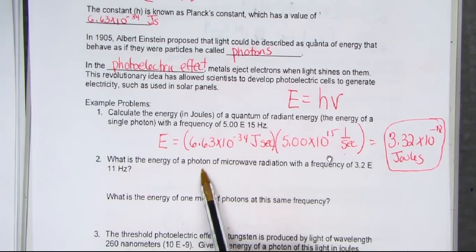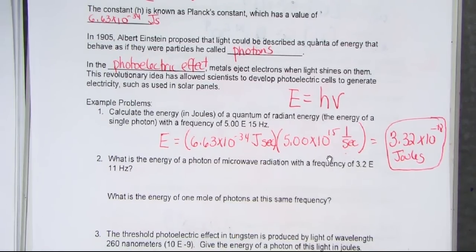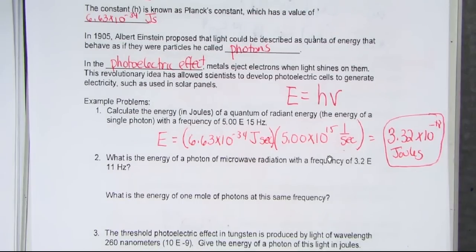What is the energy of a photon of microwave radiation with a frequency of 3.2 times 10 to the positive 11 hertz? Very similar to the problem we just solved.